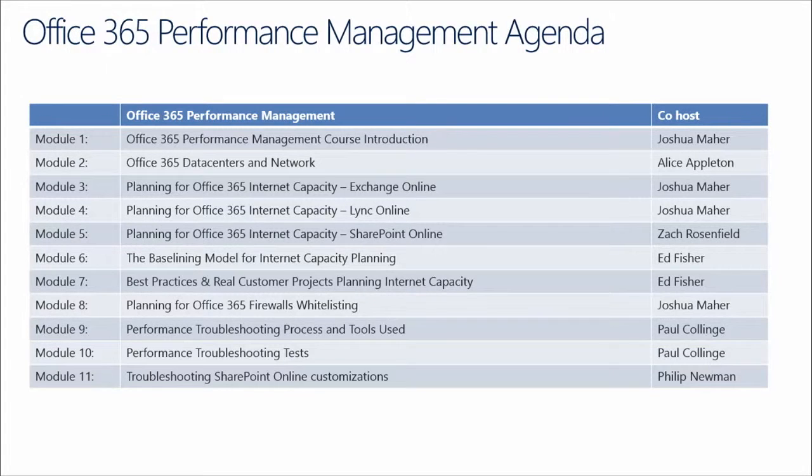And then module 3, we start on our planning modules. You can see we spend a lot of time on planning, and then we spend a lot of time on troubleshooting. And Josh, you're in the first of the planning modules, module 3. Tell us about that. Yes, absolutely. So the first planning module, module 3, we're talking about Exchange Online, and specifically planning for capacity with Exchange Online.